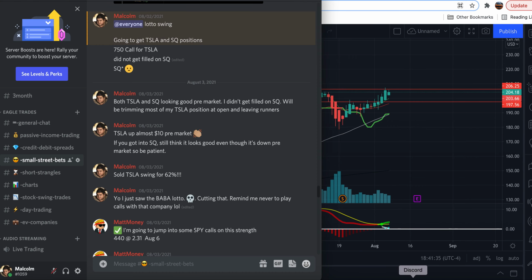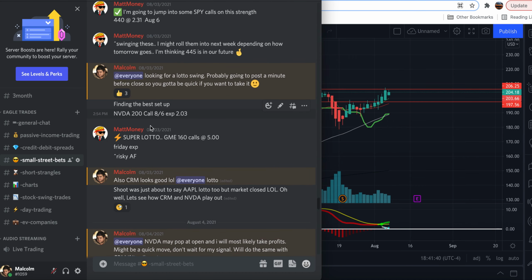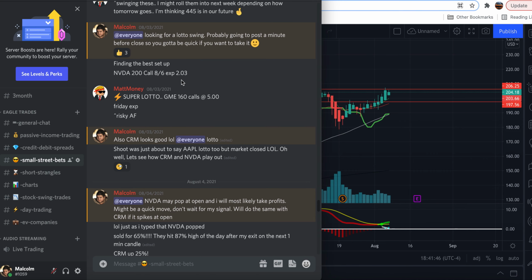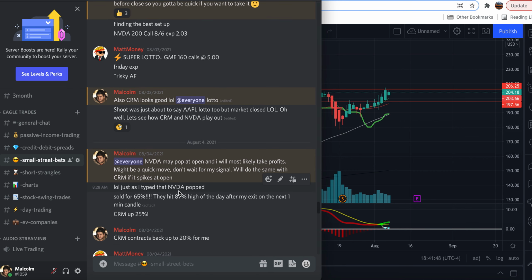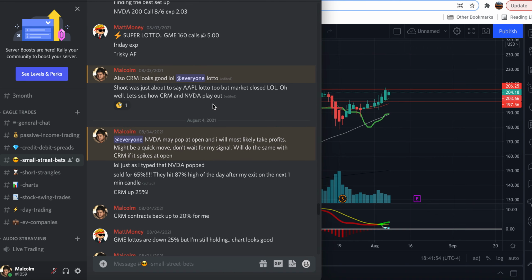I believe you got into that in the Discord. Let me check real quick. See right here we got into, no, actually that was a previous day. We got into NVIDIA, so we actually played it from the previous day. Let's see if you got into NVIDIA right here. Nope. So we actually played it the previous day for about 65% profit.